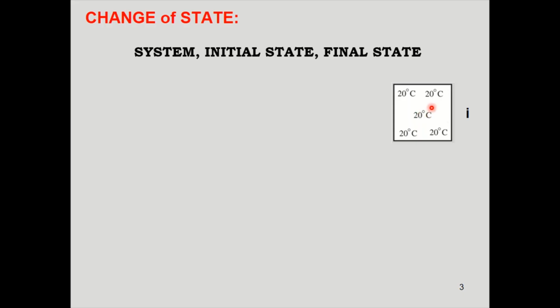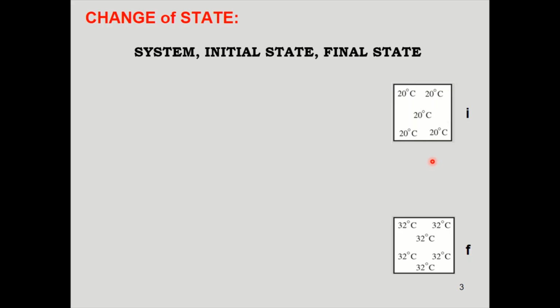Now, because of some stimulation, it may be heating. Consider heating. We are heating it. That is external stimulation. It is changing. Here, once again, temperature is shown only 32. So when we heat it up, definitely its temperature will go on changing, but we won't be talking about intermediate states.